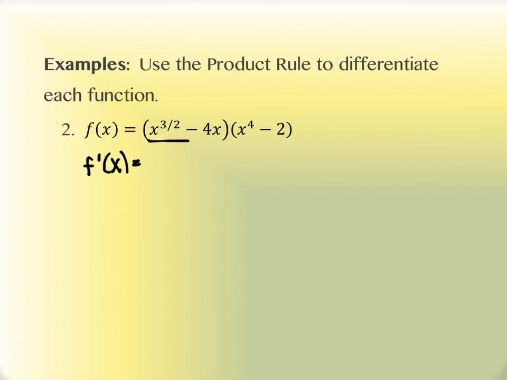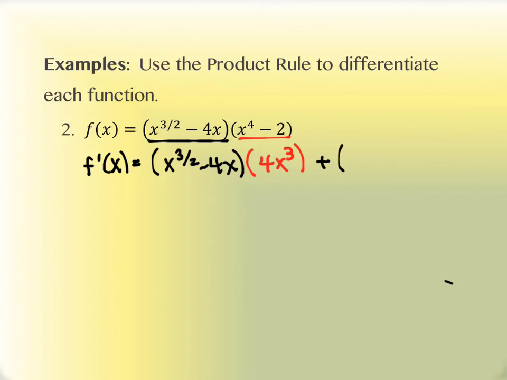All right, so the first thing I'm going to do is rewrite the first piece. The next thing I'm going to do is take the derivative of the second piece. So what's the derivative of x to the 4th minus 2? 4x cubed, exactly. Now I'm back working with the first piece, the first piece that's underlined in black, x to the 3/2 minus 4x.